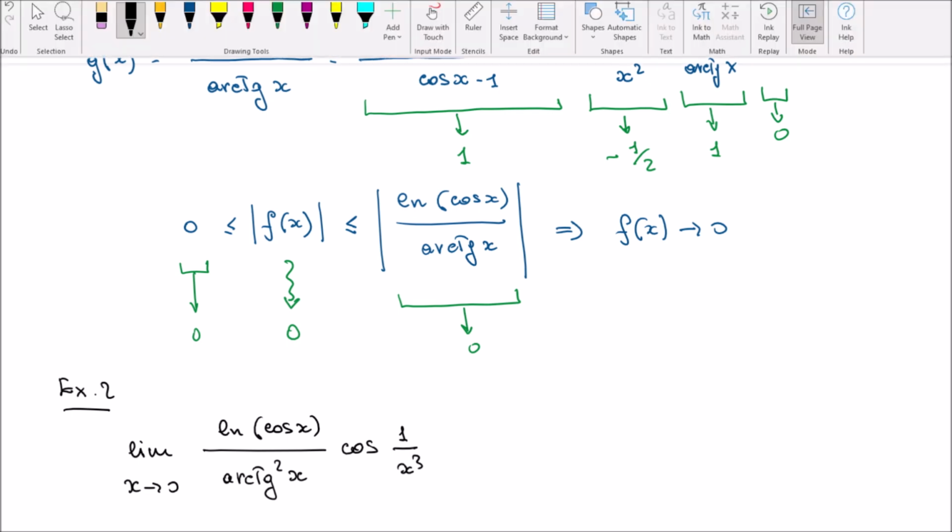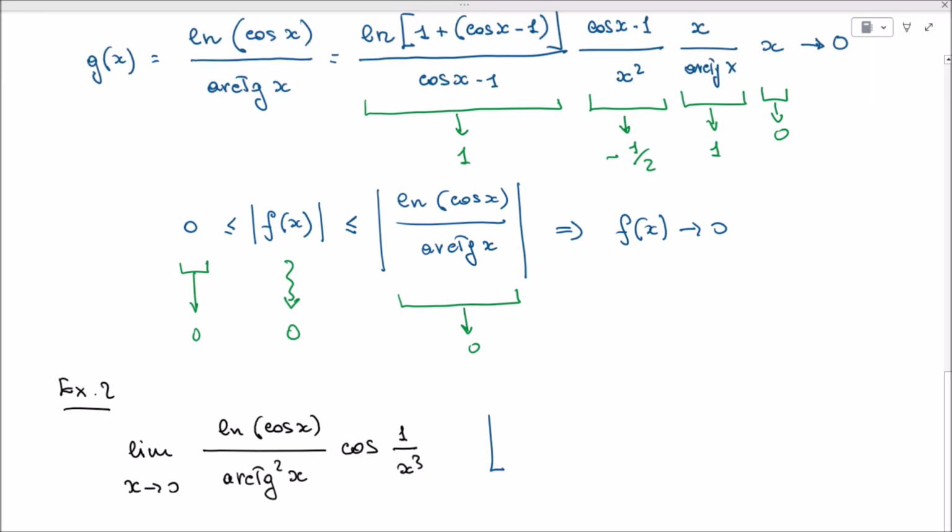Let's see what happens. Once again, we have an indeterminate form because we have 0 over 0 times something that has no limit.